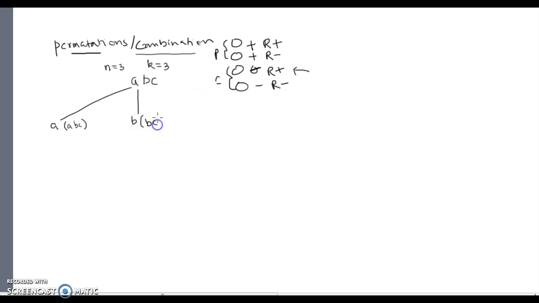So I can choose from B or C, and if I have C, then I can only choose from C. So each of these gives us unique branches.